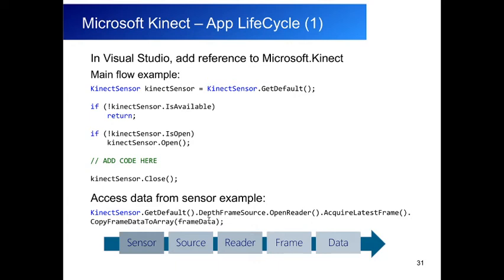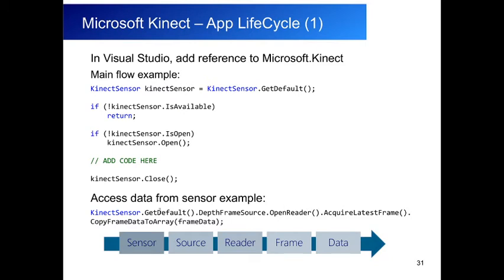One example is to read the data from the sensor, and then close the sensor before exiting the application. And so here the sensor provides data to a source, the source has a reader and the frame, and then the data is provided to the application for processing.